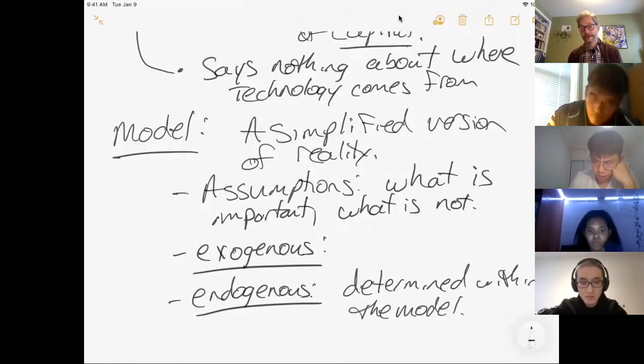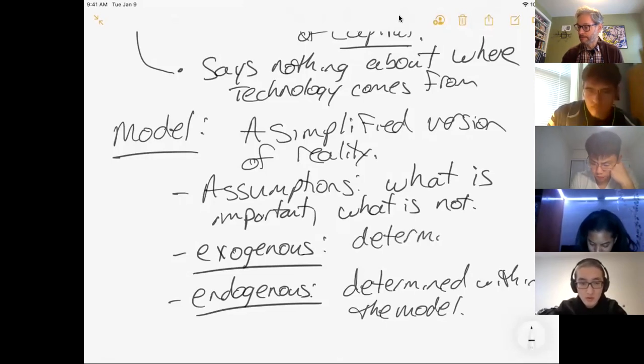Another way you can think about it is these are the things that are really important. These are the things we're trying to explain. As opposed to exogenous variables that are determined outside the model.